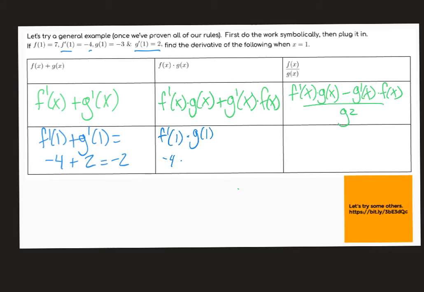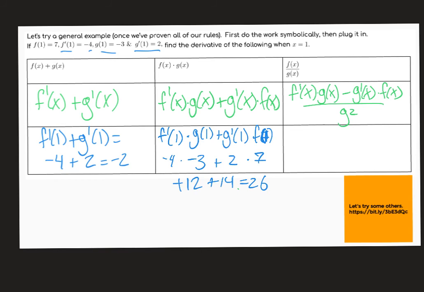G of 1 is negative 3, plus g prime of 1, which is 2, times f of 1, which is 7. Let's be consistent, Mr. Carlson. So we got positive 12 plus 14 is 26.